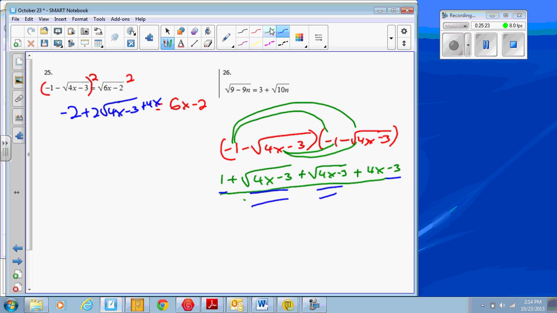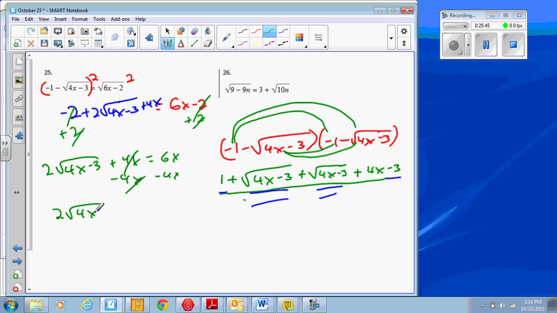So what we're going to do here is add 2 to both sides, and nicely that cancels out. So I have 2 square root of 4x minus 3 plus 4x equals 6x. Get rid of the 4x, subtract 4x from both sides. So I have 2 square root of 4x minus 3 equals 2x.